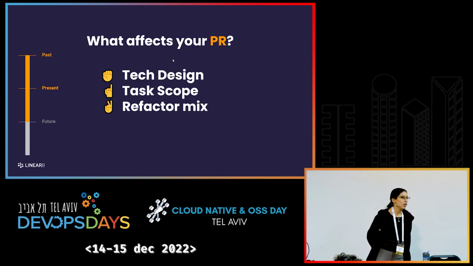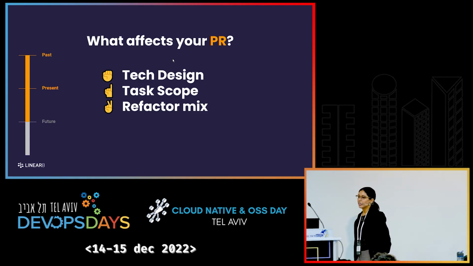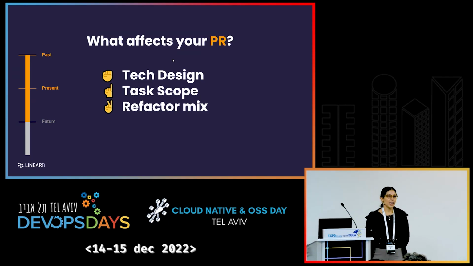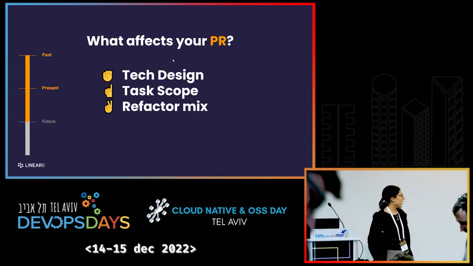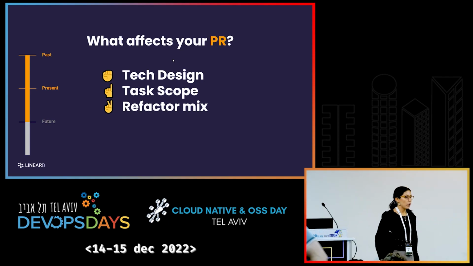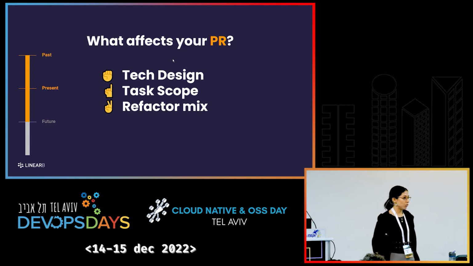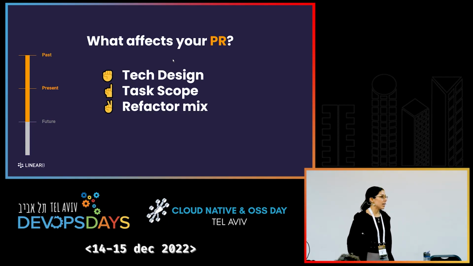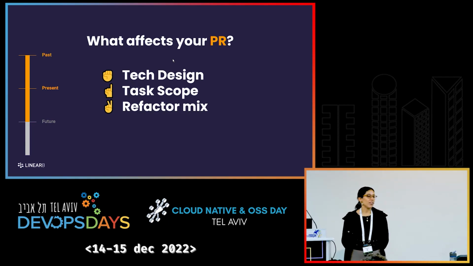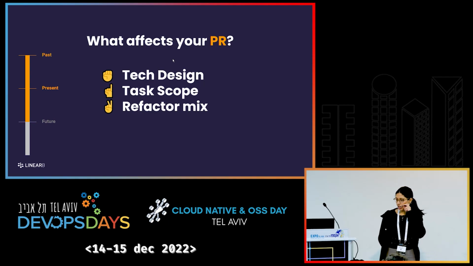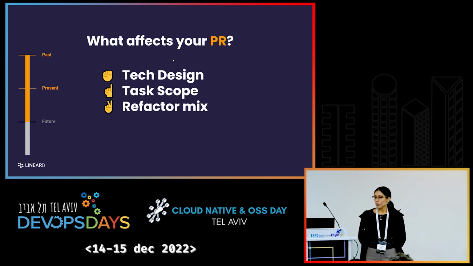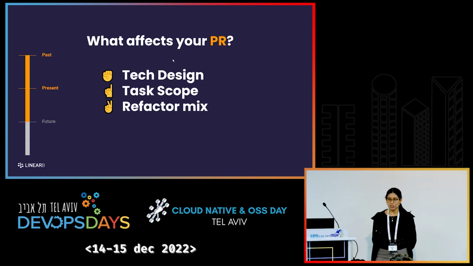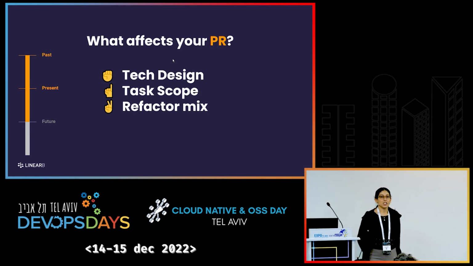So first of all, we have the mainstream reasons. We need to take care of the tech design. When you have a proper tech design and you know what to do and you get all your requirements figured out, even at the level of files and things that you need to change right away, it automatically will affect your PR. The task scope is also something that affects your PR. Sometimes you start your coding and then you come to understand that the scope of this change is not as you thought before.